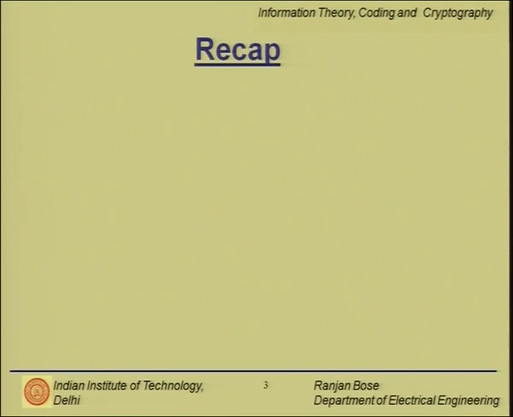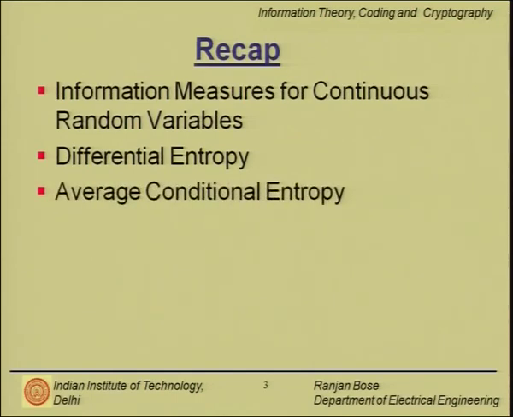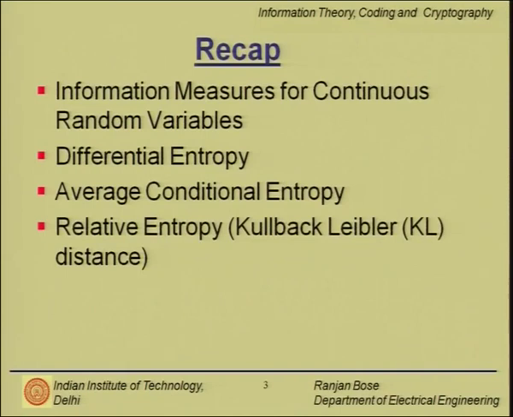But let us start with a quick recap of what we have done and refresh our memories. So, what we have done so far is we have looked at information measures for continuous random variables, wherein we looked at the notion of differential entropy. We will quickly revisit it again. Then we talked about average conditional entropy for continuous random variables.